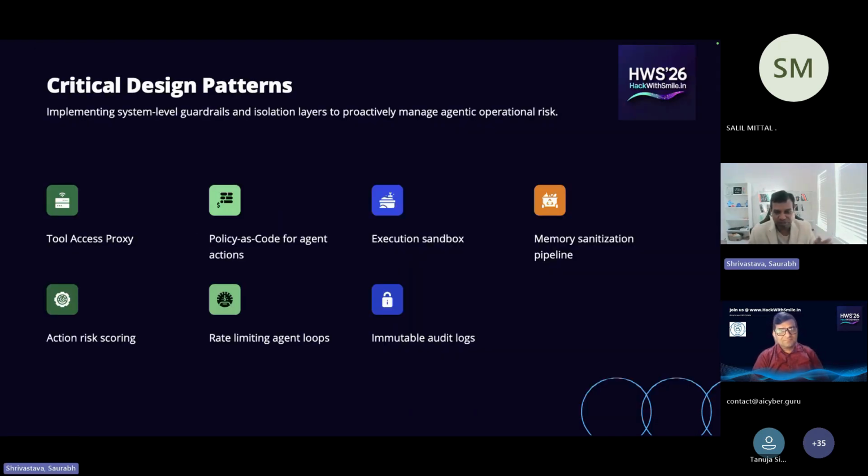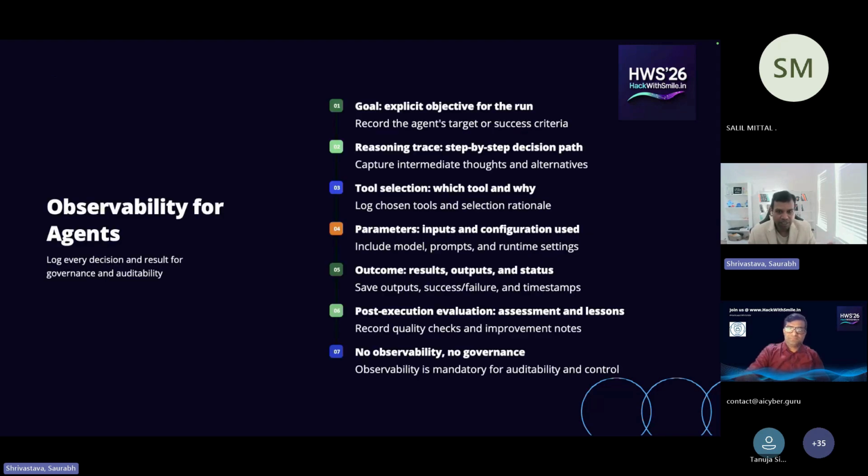So we talked about this, just a summary, the critical design patterns, and how for every layer you need to have observability. If you are putting in a goal, you need to record the agent target and success criteria, at the overall orchestrator level and at each agent level. In the reasoning trace, record the step by step decision path it is taking. If it is diverting from its decision, it needs to be refined. And if it is unintentional, due to hallucination or a malicious attack, you should know what tool it chose and why. What is the rationale behind that?